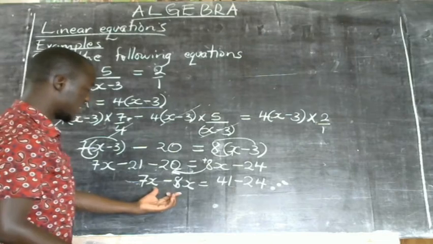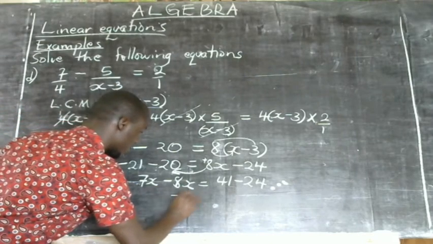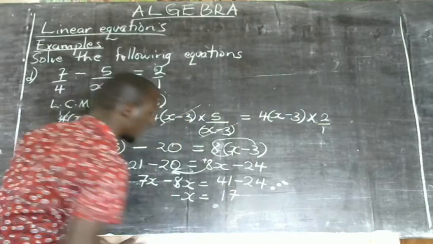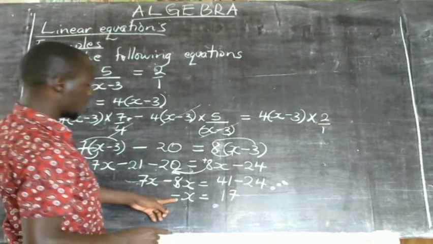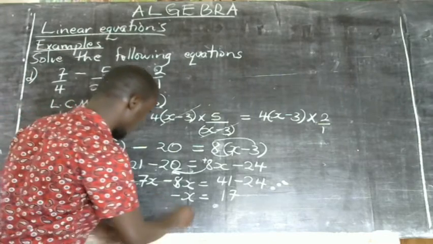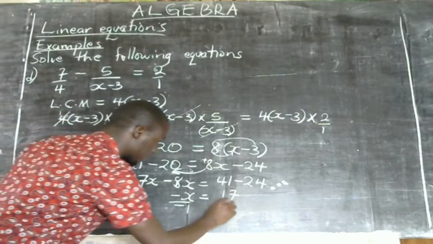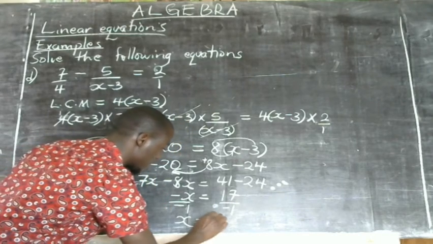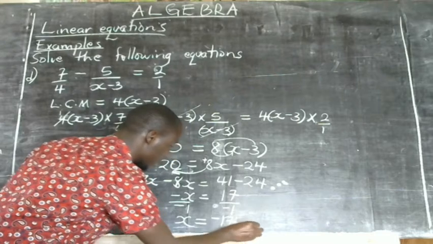So subtracting this side, I'll be having negative x is equal to positive 17 the other side. But I need to remove the negative by dividing through by negative 1. Then finally I get the value of x as negative 17.